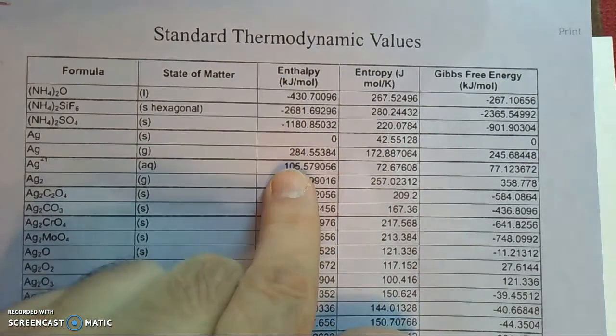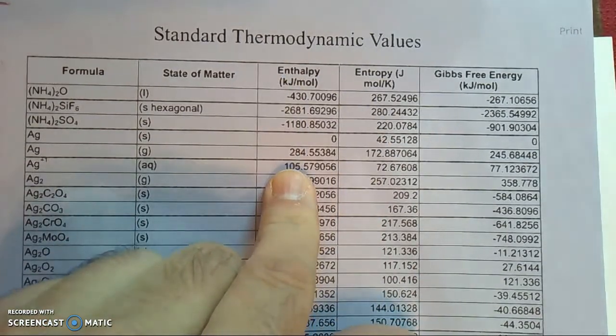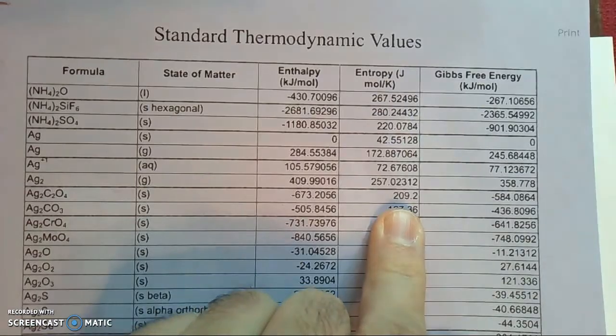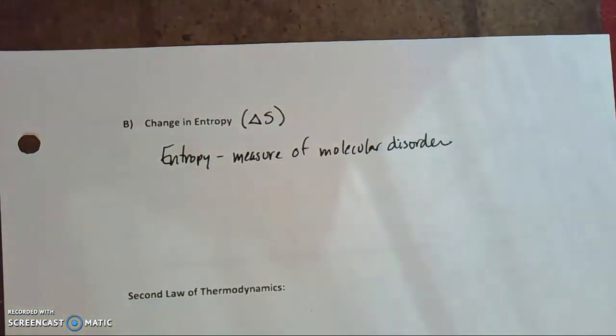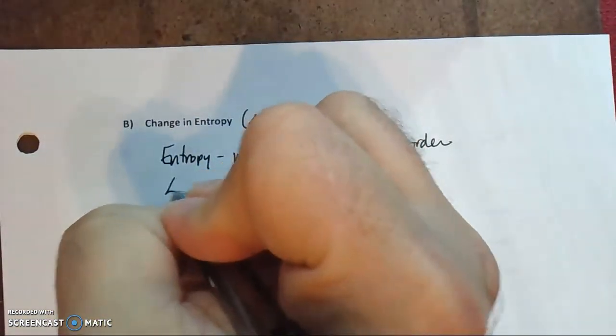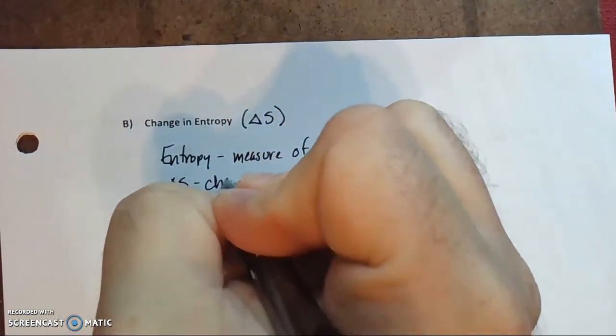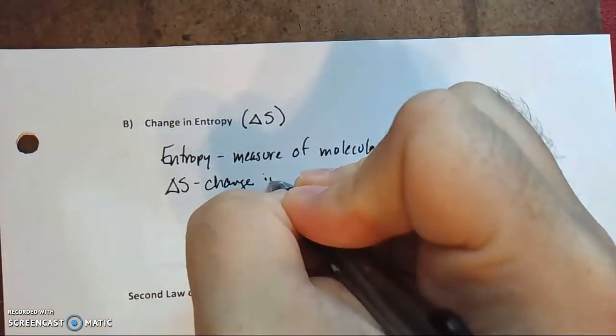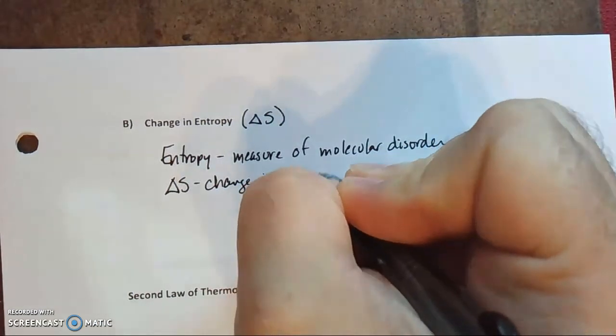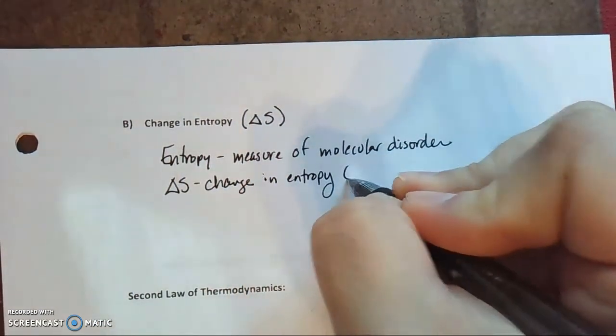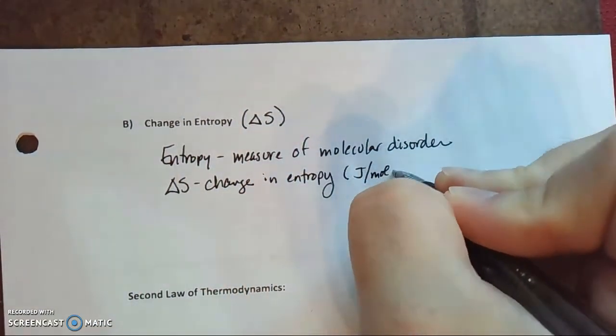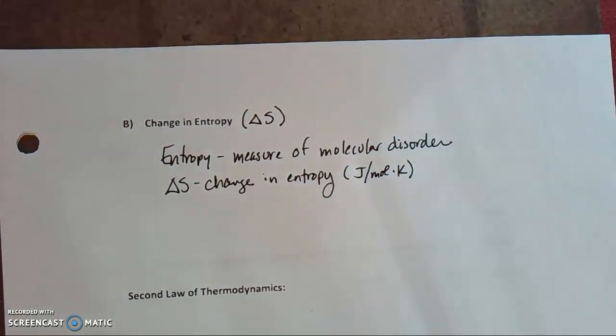So we have enthalpy that we used last unit. We have entropy this unit. So a delta S would be a change in entropy. And the units are joules per mole Kelvin. And you have to be really careful because this is a measure of disorder.